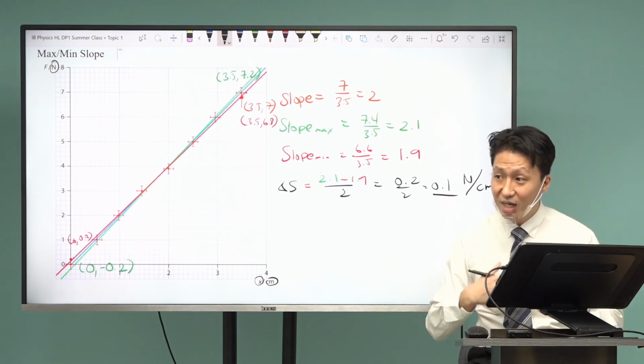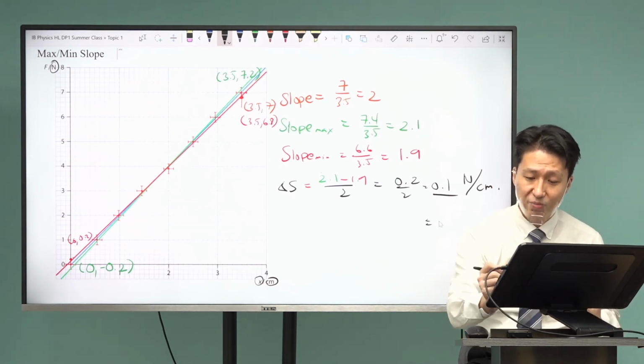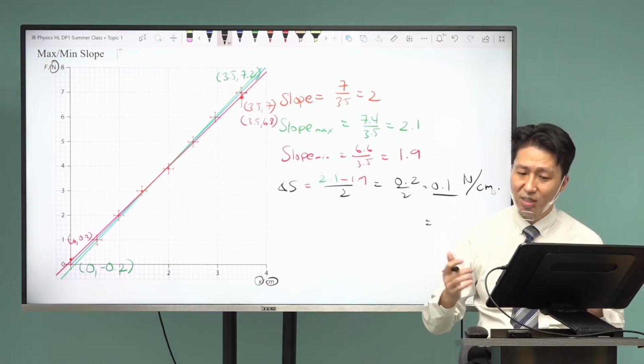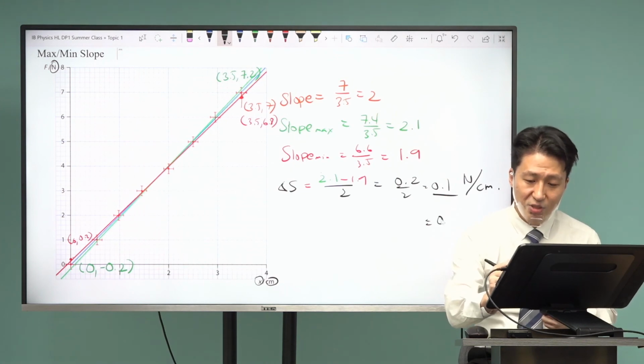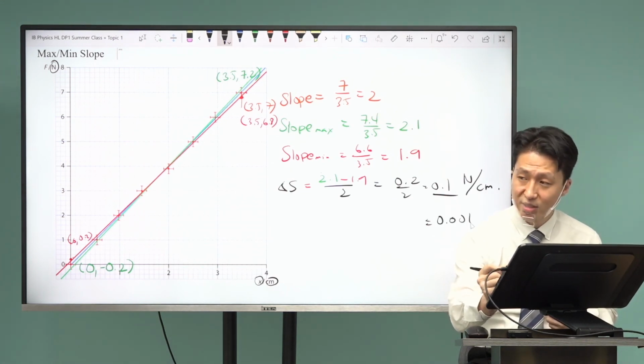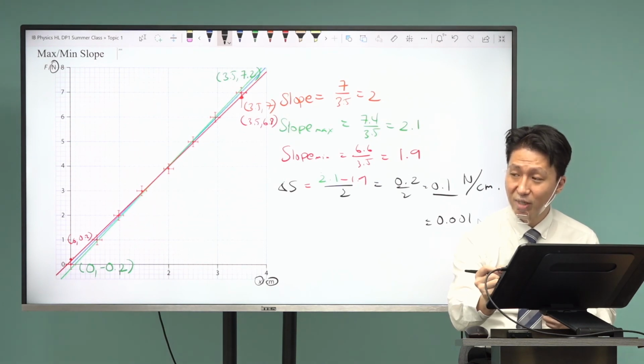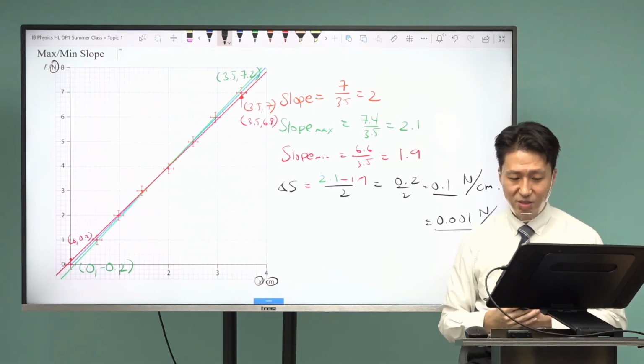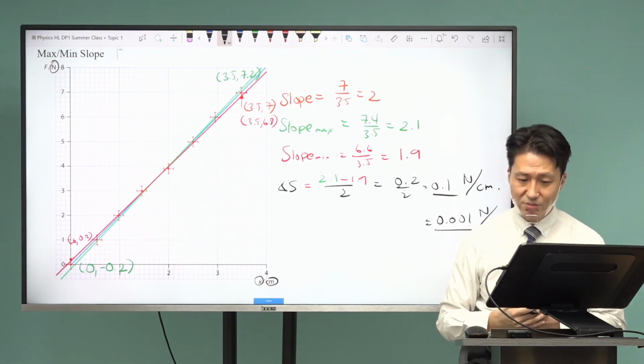You probably want to change this into SI units, so what happens when we change centimeters to meters? 0.01, yes. 1/100th of a meter? Newtons per meter. Right? Okay.